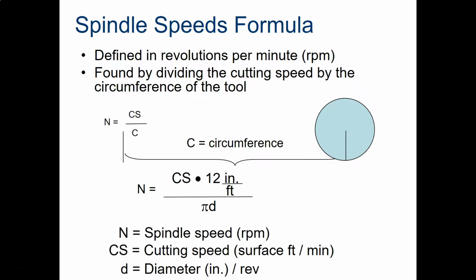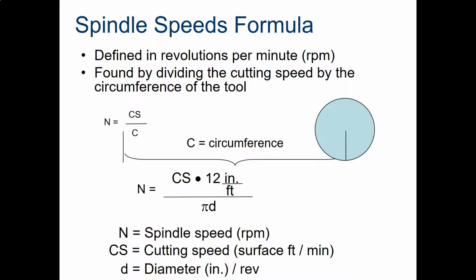The circumference of a circle is found by the formula pi d, where pi is the constant value of, well, 3.14, approximately, and d is the diameter of the circle. In our formula, the diameter used is that of the tool being implemented.